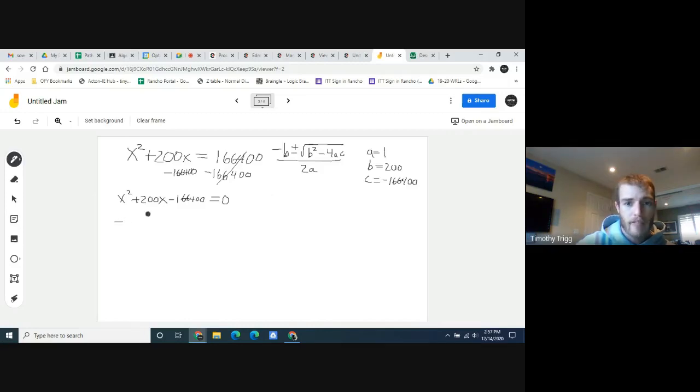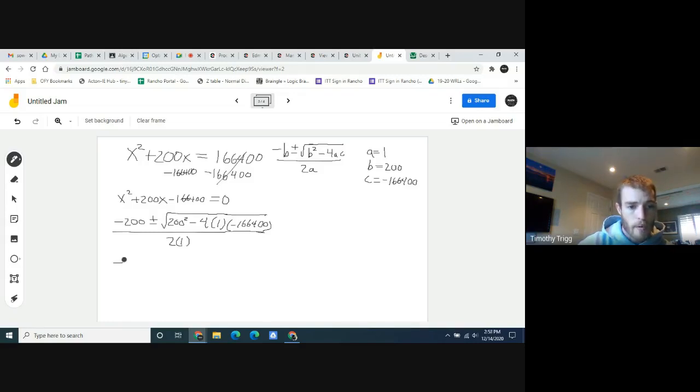So it's going to be negative b, so negative 200, plus or minus the square root of b squared becomes 200 squared, minus 4 times a is 1, times c, which is negative 166,400, all divided by 2 times a is 1 again.